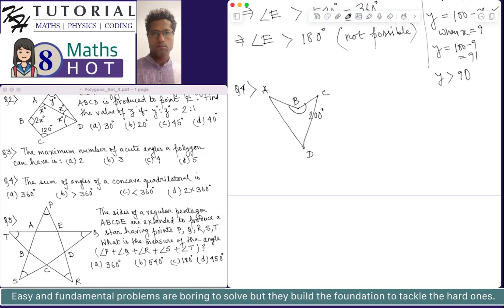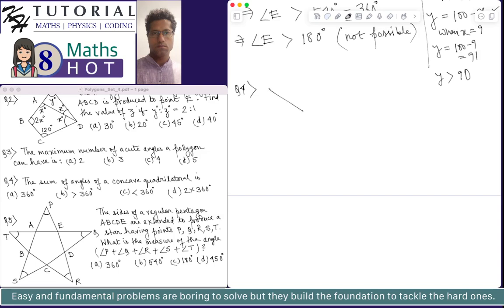Now it is asking what will be the sum of the interior angles of a quadrilateral. Now, if this is the case, let me draw the figure clearly.